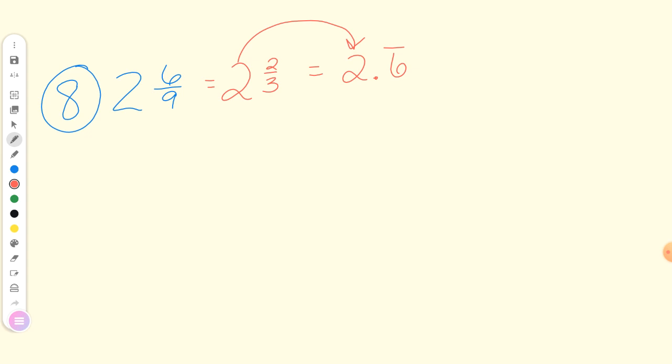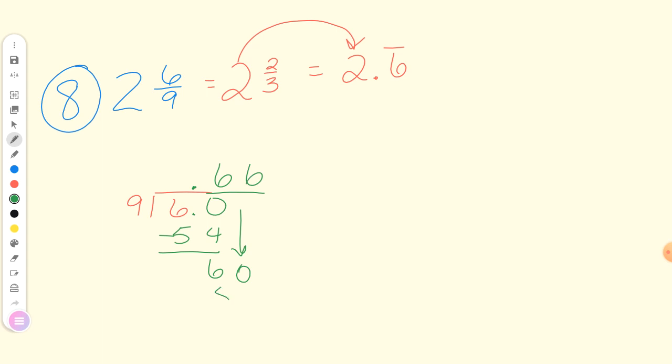Okay, if your brain didn't work like that, if you would have taken 6 divided by 9, again, it works every time. It's just not always the easiest. 9 goes into 60 6 times, that's 54. I would get 60, 54, and 60 again.